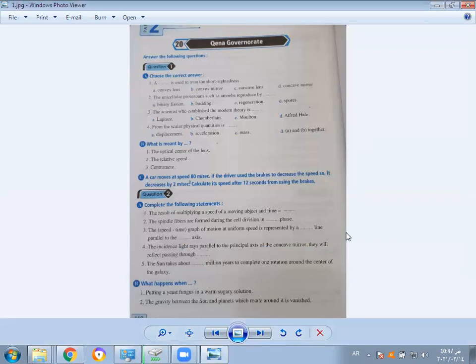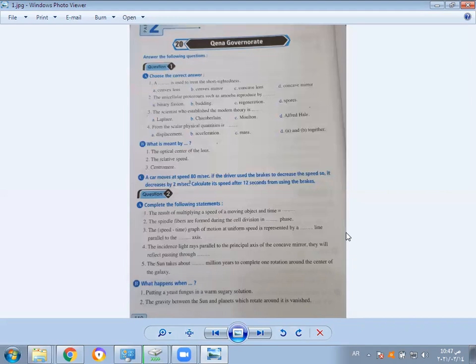So mass is a scalar physical quantity, but displacement and acceleration are vector. We have two types of physical quantities. First one scalar, second one is vector. So displacement and acceleration are vector quantities, but mass is a scalar quantity.